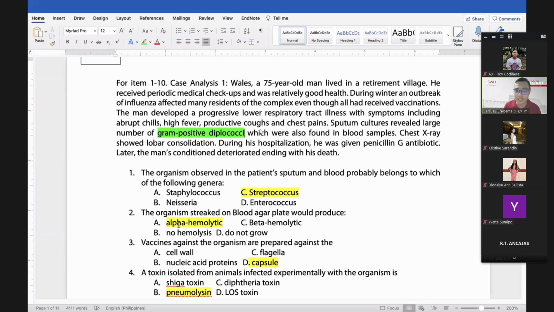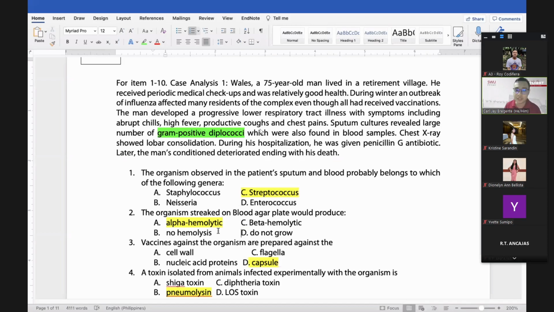So the organism streaked on a blood agar plate would produce alpha hemolytic, beta hemolytic, no hemolysis, or do not grow. Okay, so since you will be thinking of 2 possible organisms, your Streptococcus pneumoniae and Streptococcus viridans are both alpha hemolytic class. Okay, yung Enterococcus may be alpha hemolytic, beta hemolytic, as well as no hemolysis at all.